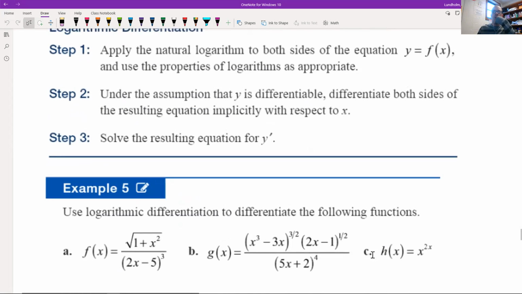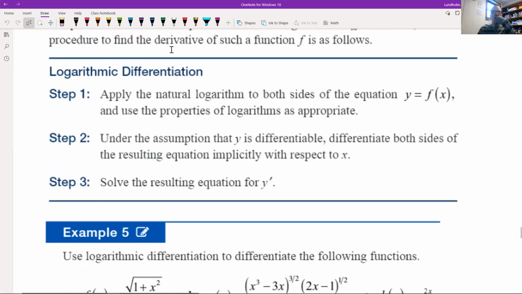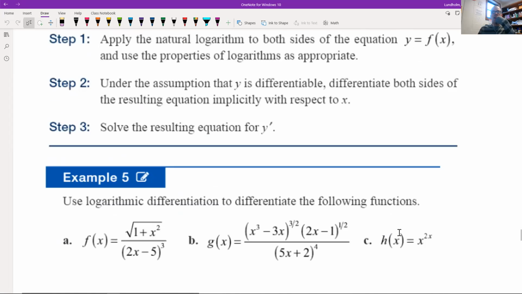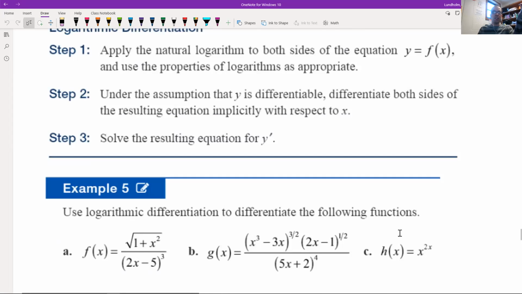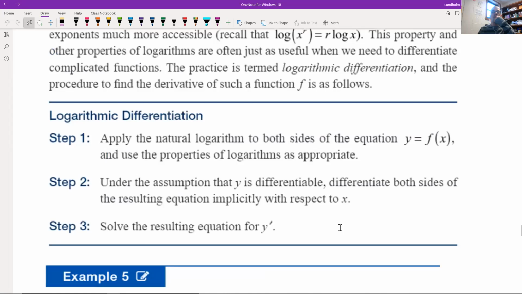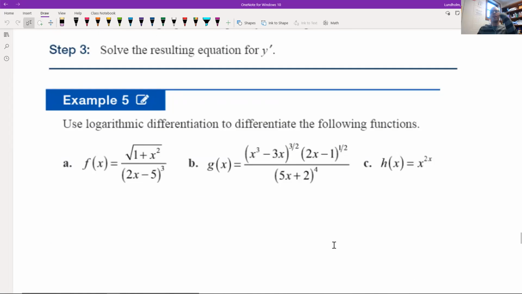I think to show you all the steps of logarithmic differentiation, we'll look at part C, because that's like the new type of function that you could really only do using logarithmic differentiation. But the idea is, once you take the log of both sides, you differentiate both sides implicitly, and then you solve the resulting equation for y prime.